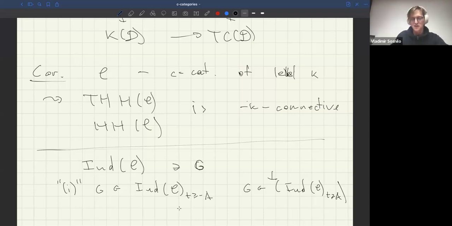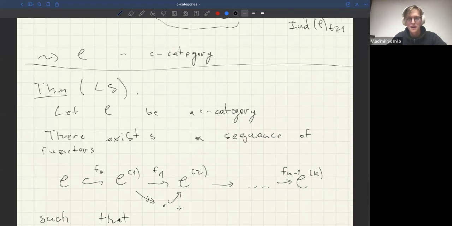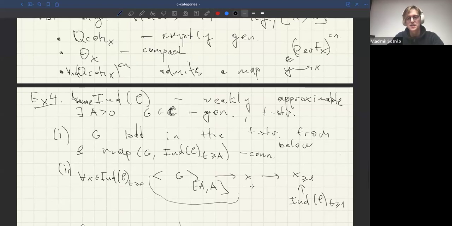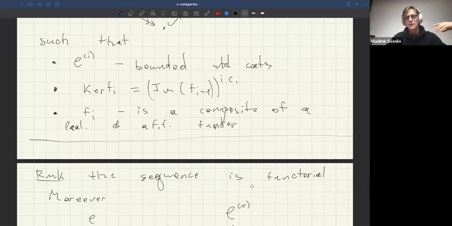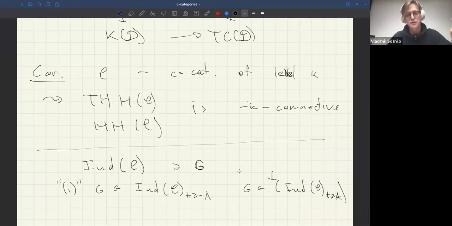Then the question was, does it automatically imply that actually the second condition is satisfied, the condition that you have this fiber sequence sandwiching any connective object between one connective object and the object generated by G? And so if it were true, then in particular, for any such category, we would have that THH of C would have to be minus k connective for some k.